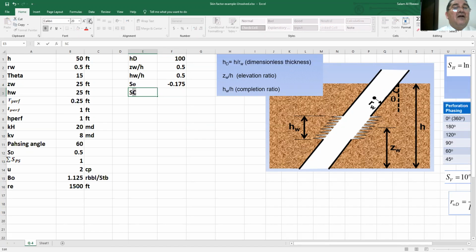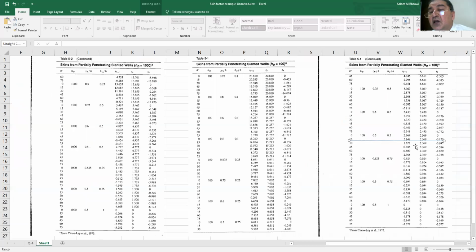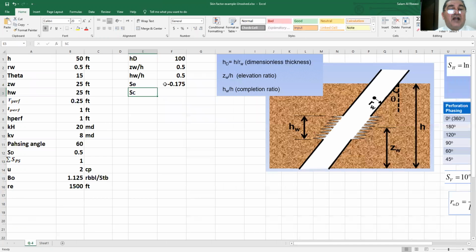So S sub C is what? 2.369. Then I need to calculate S sub C plus theta.